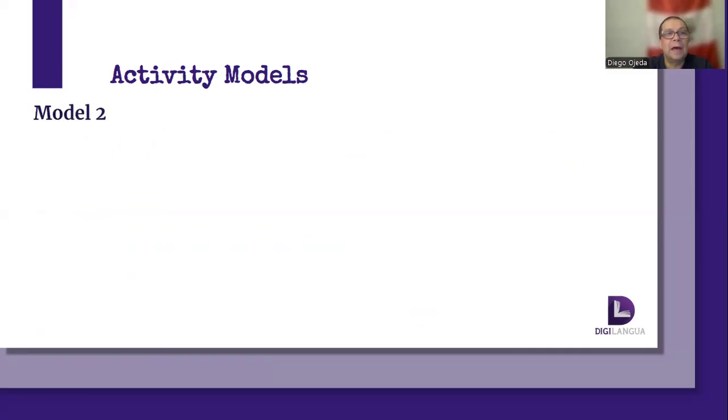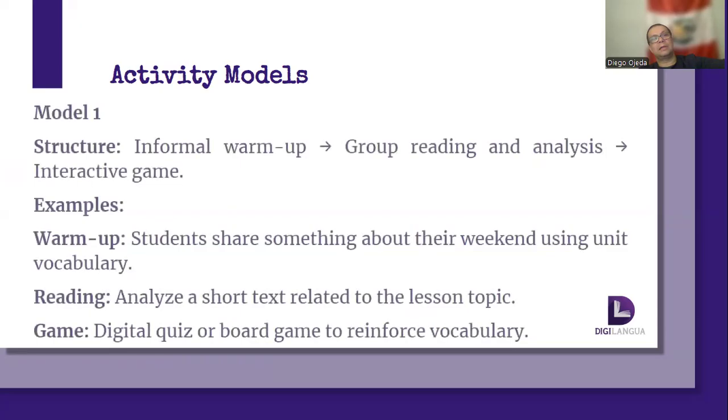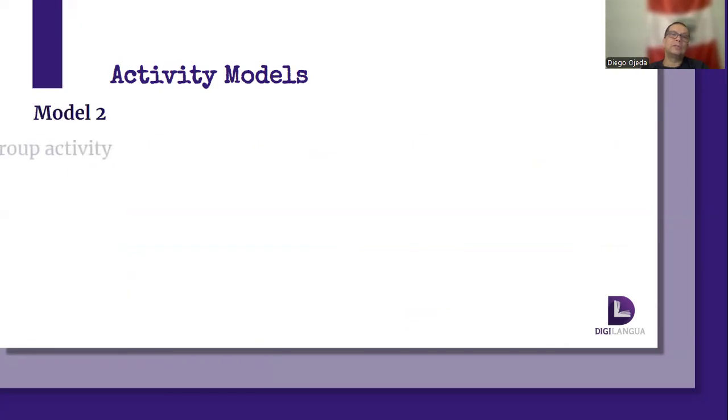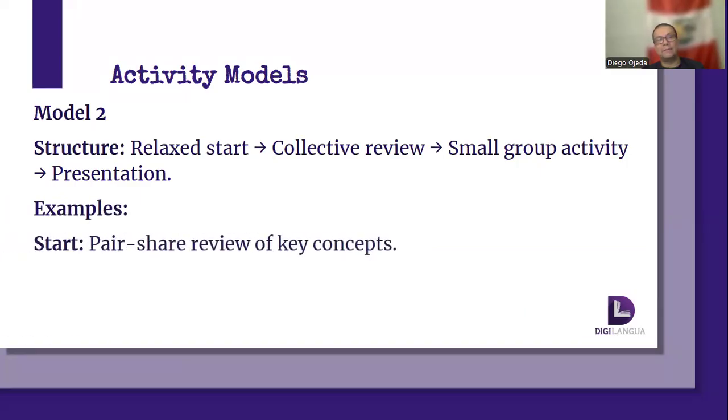Okay. Another model, model two, we start with a relaxed start. Look, in the last one, we talked about starting with an informal warm up. Here we talk about starting with a relaxed start. So a relaxed start means that we give them a little bit of time for them to self-care. It can be with background music.